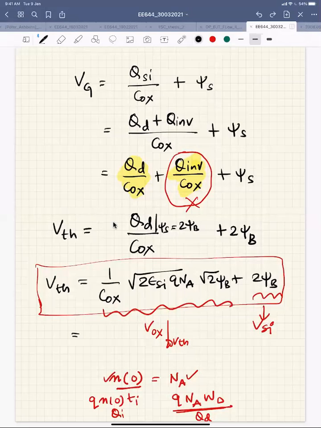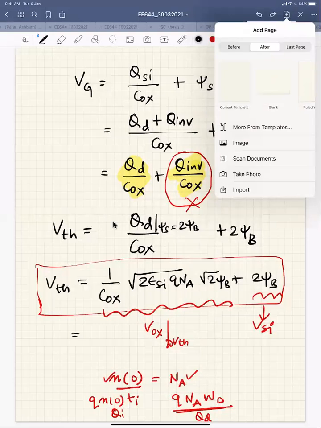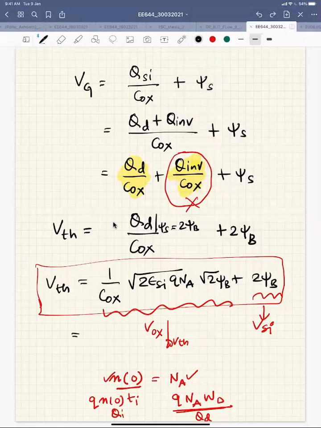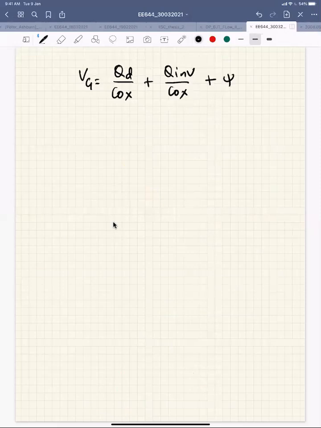And threshold voltage, also, if you look at, so your Vg, sorry, okay, I'll write down this equation: Vg equals QD by Cox plus Q inversion by Cox plus psi s.